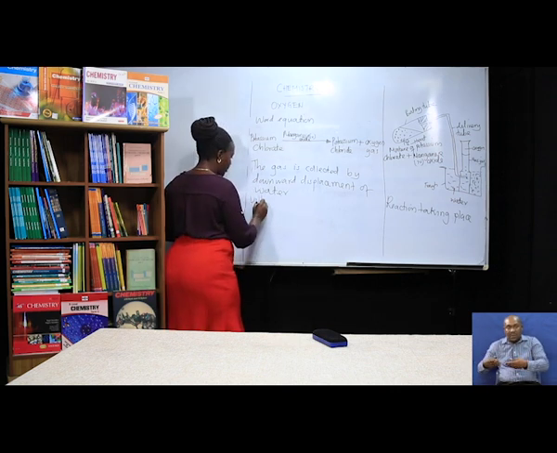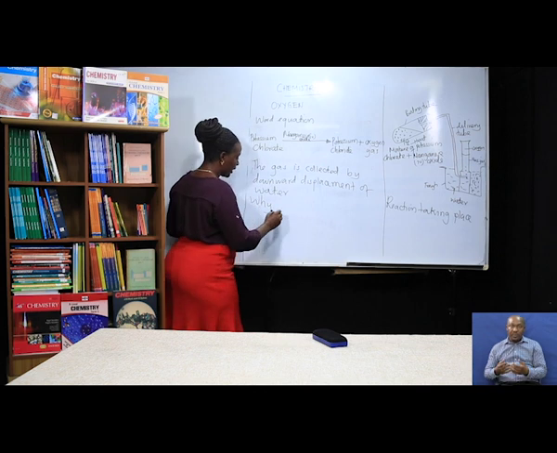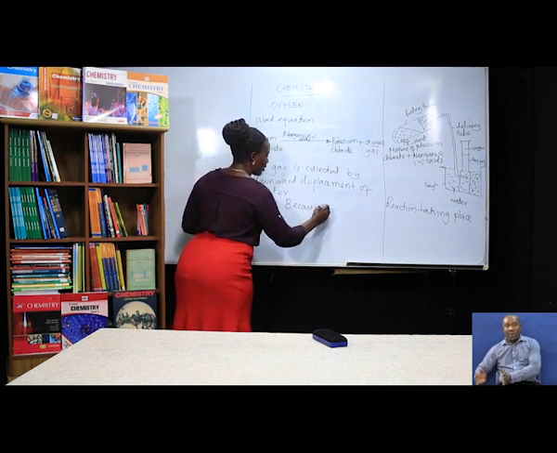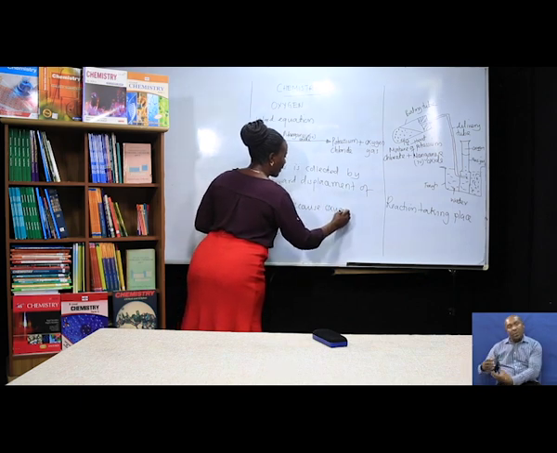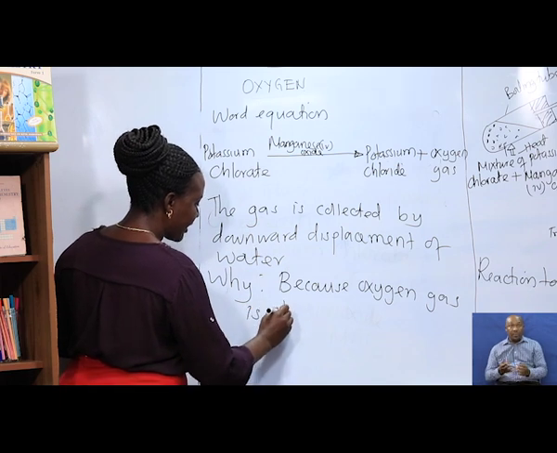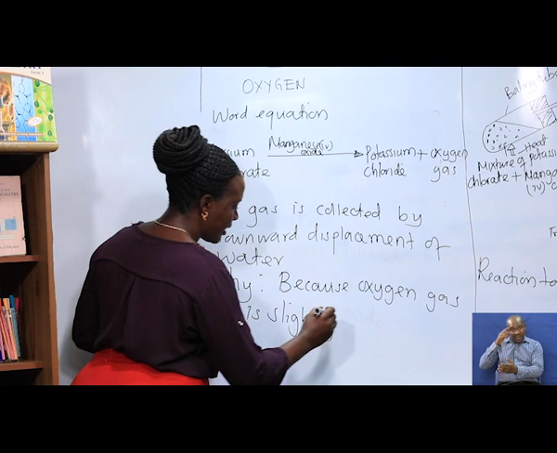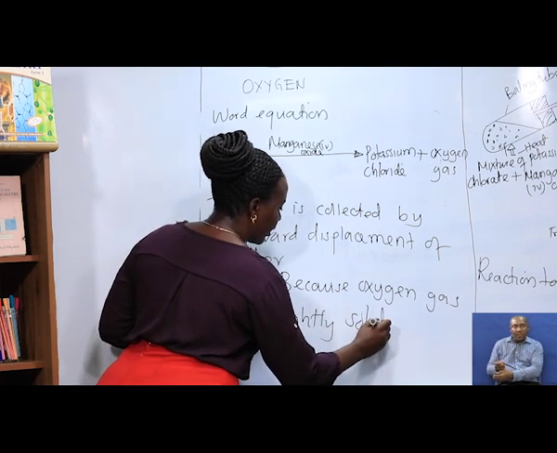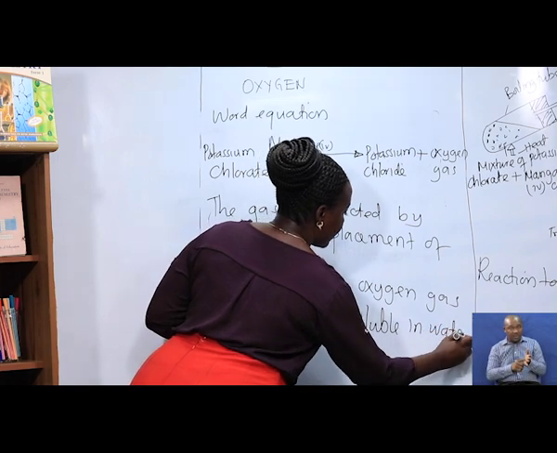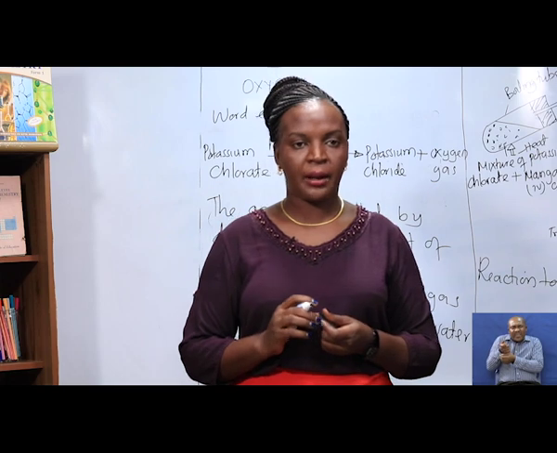Why do we collect the gas by downward displacement of water? It is because oxygen gas is slightly soluble in water. The word slightly means in a very minimal amount. It means the gas dissolves in water in a very, very small amount.